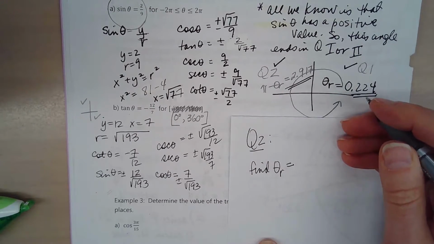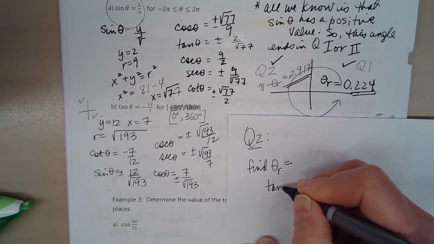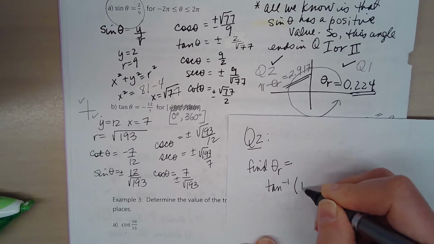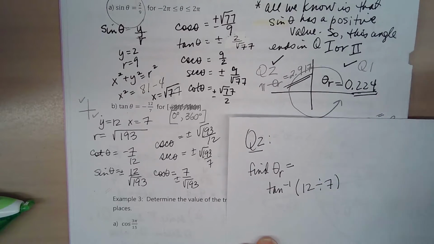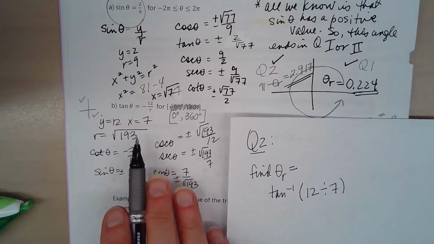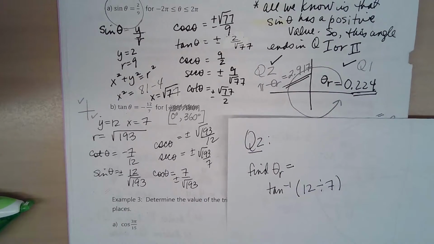Finding the reference angle, it's going to be shift tan 12 divided by 7. Finding reference angles, they're always going to be positive, so I don't enter any negatives in.